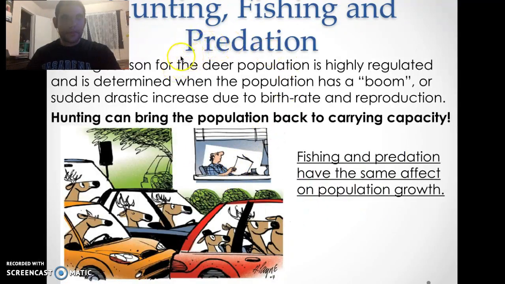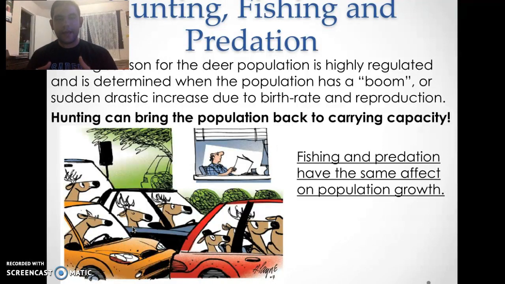So what are some things that are going to affect this? Well, hunting, fishing, predation, these are all things that we humans do to sometimes affect the carrying capacity of a specific population. So in the case of deer, for example, sometimes there's a reason why we have deer hunting season.